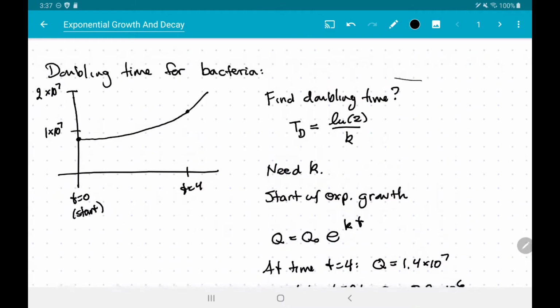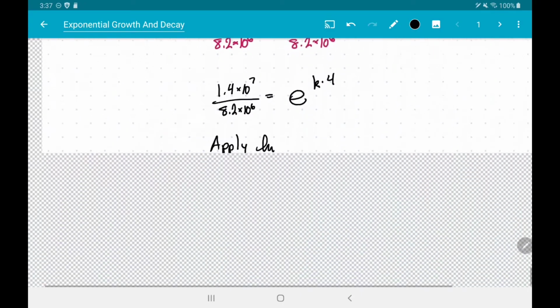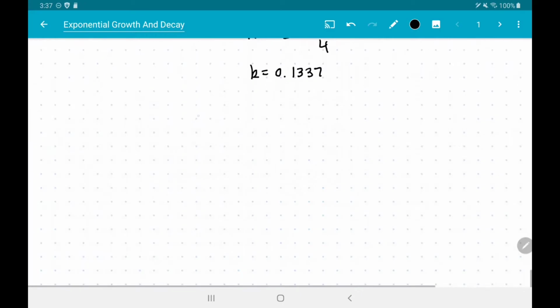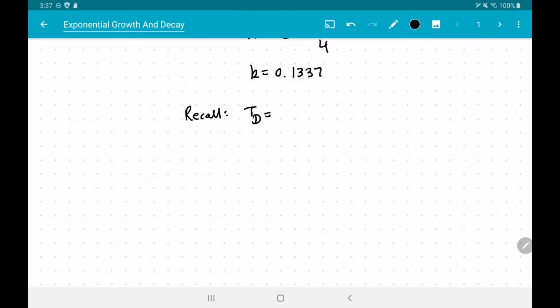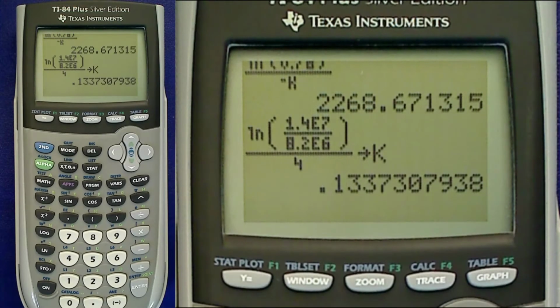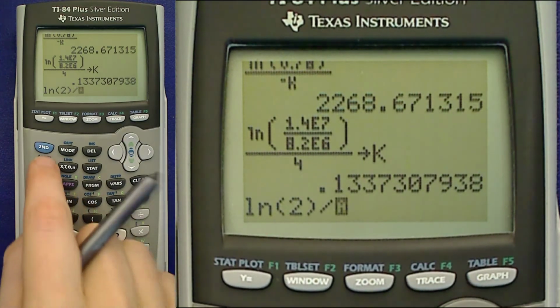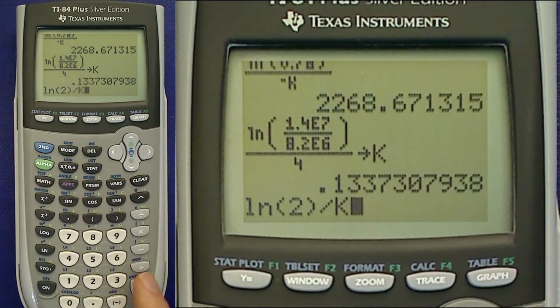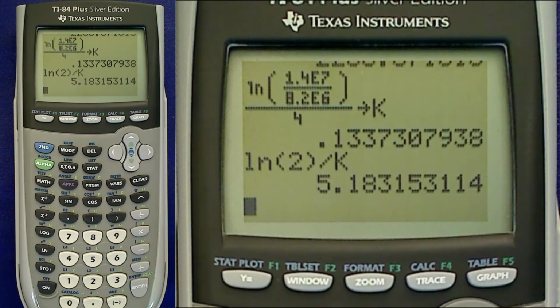We want the doubling time, and we need the fact that the doubling time is ln of 2 divided by K. Okay, so let us recall, doubling time is ln of 2 divided by K. Let's go back to the calculator. Ln of 2 divided by K, and there we go.